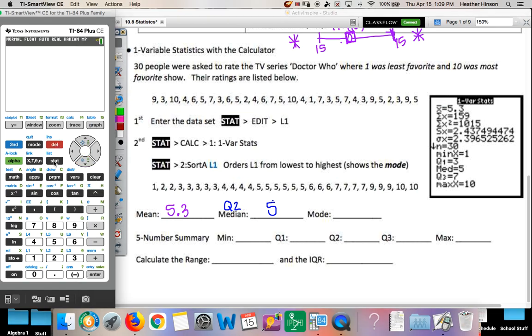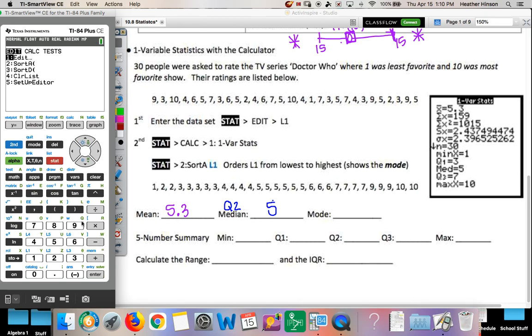If you go back to STAT and you click Sort A, so number 2 right here, you want to sort our first list. We put all these in L1. So we want to sort L1. To get to L1, you're going to hit second, number 1. That'll sort L1. And then just hit enter.